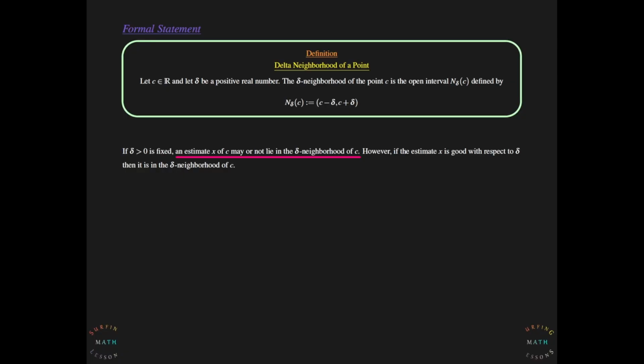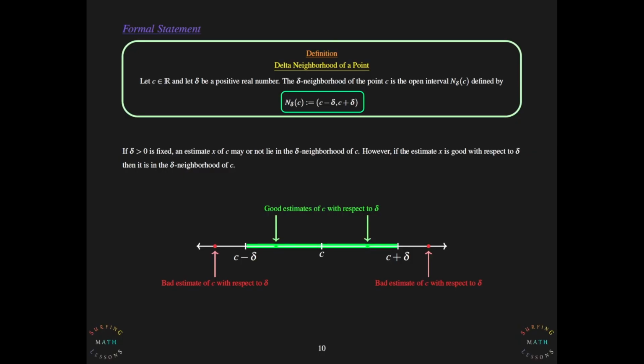However, if x is a good estimate of c with respect to the delta value, then it must be in the delta neighborhood of c. That is to say, the delta neighborhood of c contains all good estimates of c with respect to the chosen delta value.